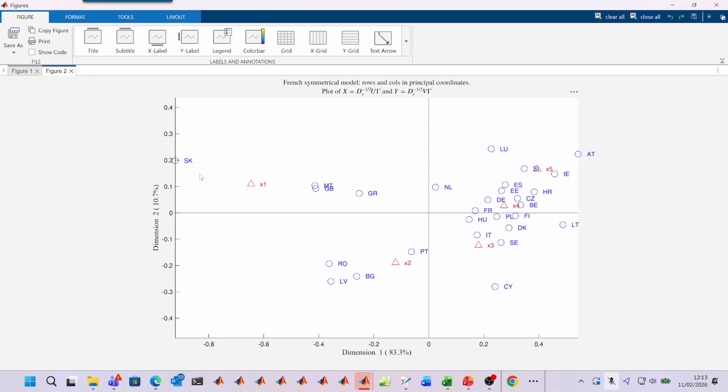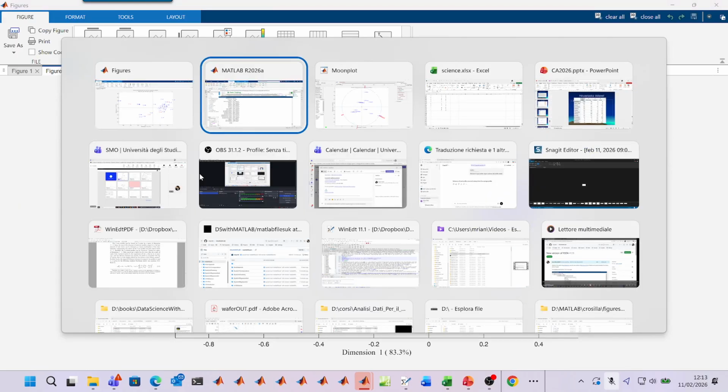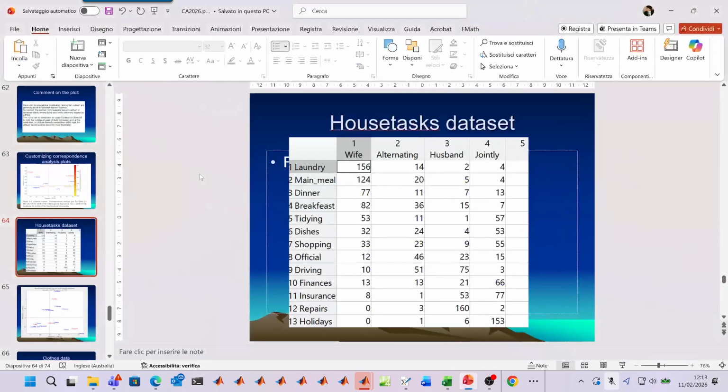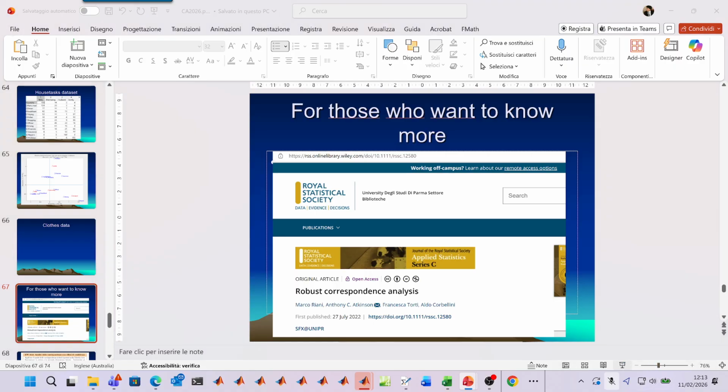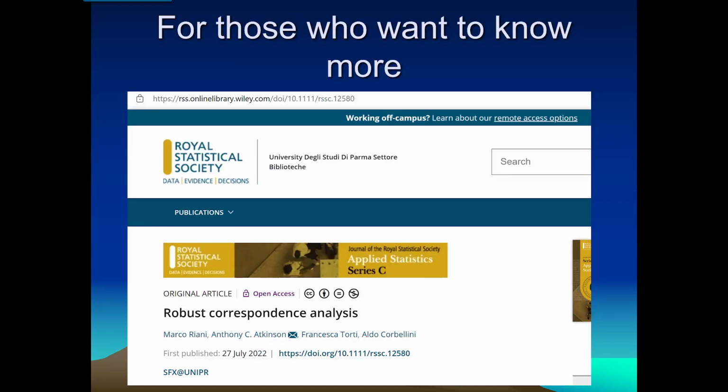Due to this and other analyses that have also been published with the robust correspondence analysis, there was a sentence of the judge which condemned the UK to pay 3 billions, not 3 millions, 3 billions of euros.